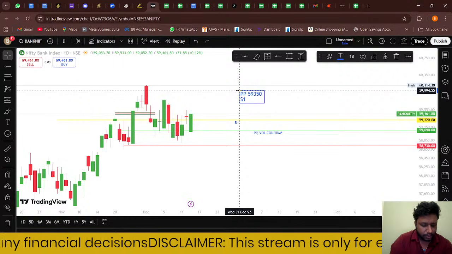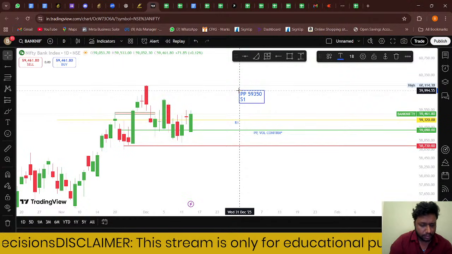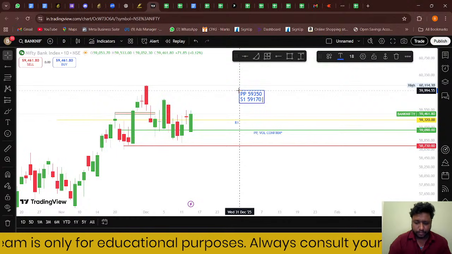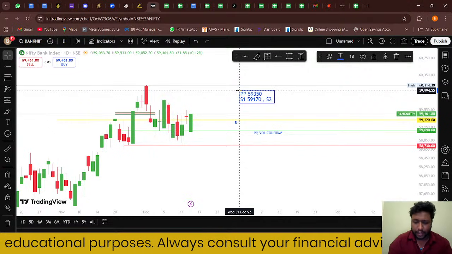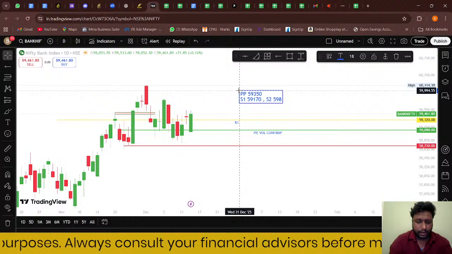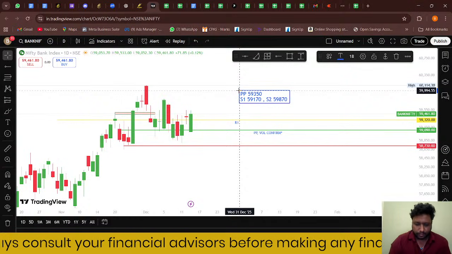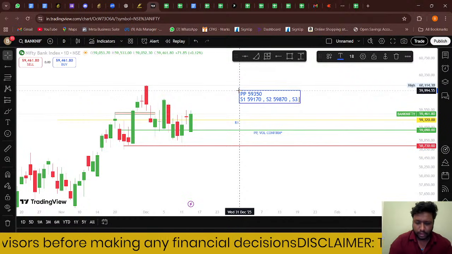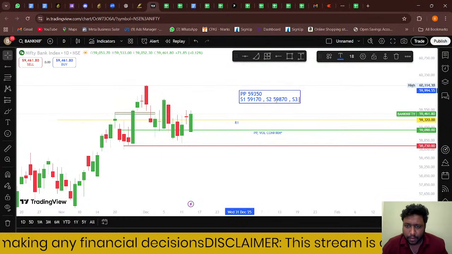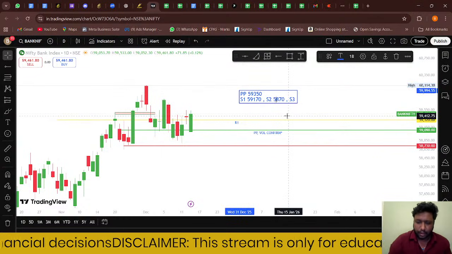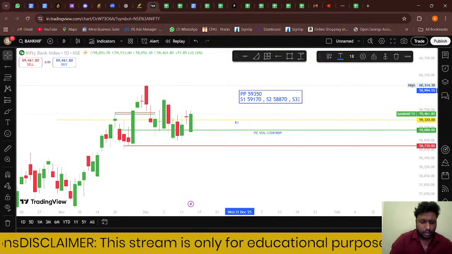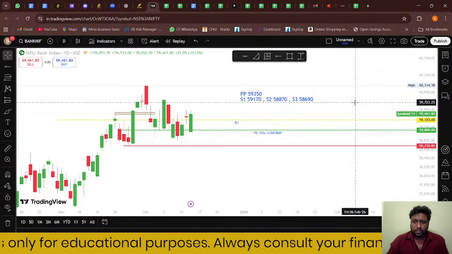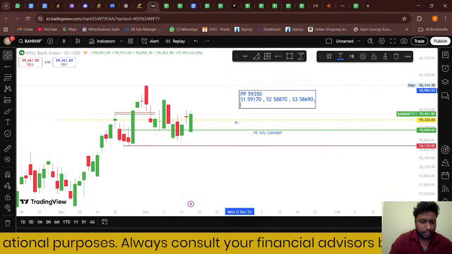Support one is at 59,170, and support two lies at 58,870, or nearly, and support 3 lies at 58,690. So these are the three supports, and we will mark off the resistance as well.